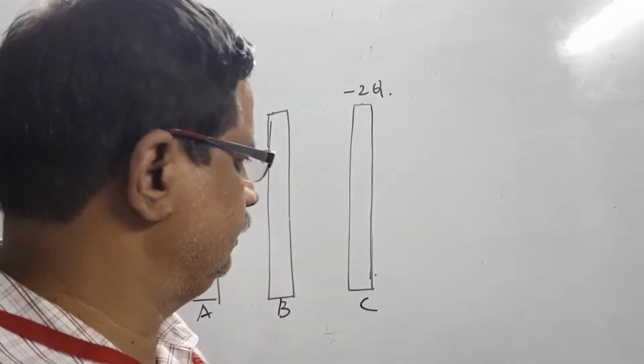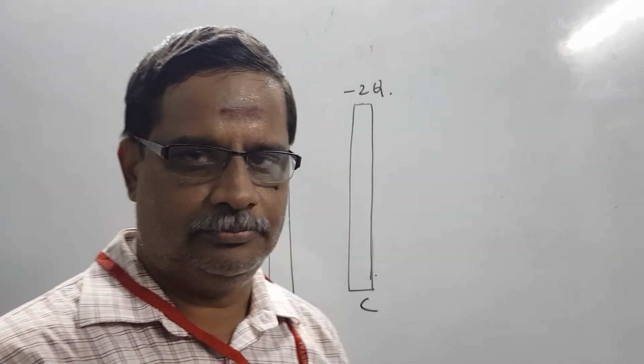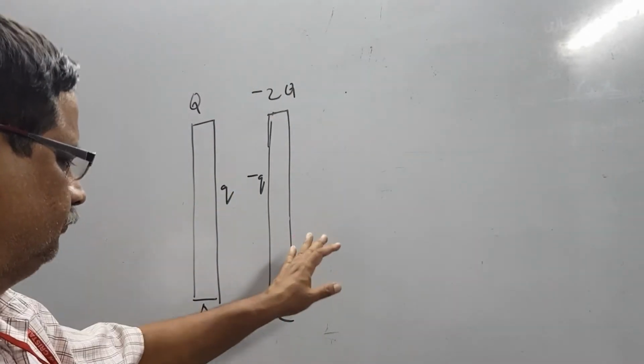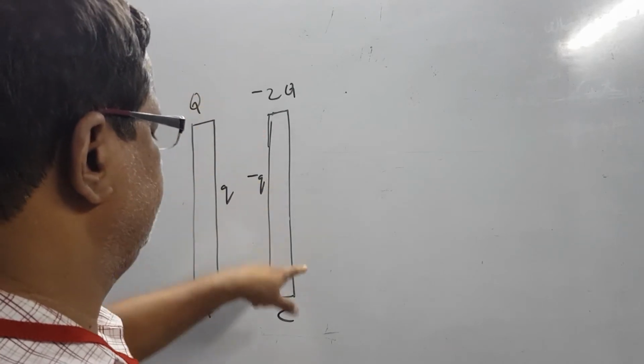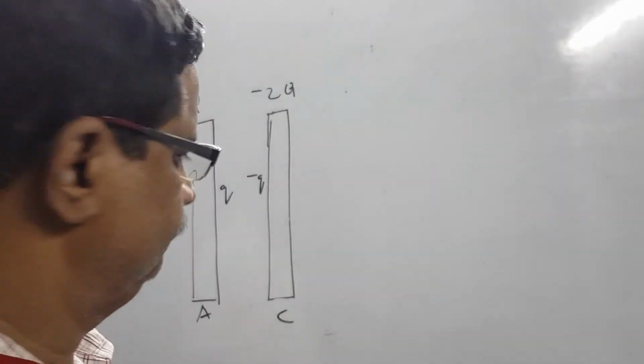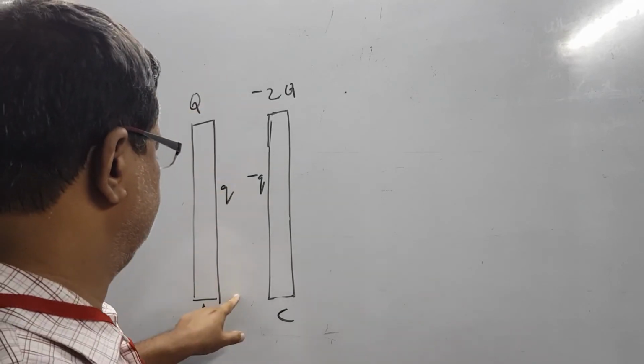We will try to find the charges appearing on the outer surface of the plate C. I have redrawn the diagram, and instead of three plates, now we have only two plates. Plate A carrying a charge q and plate C carrying a charge minus 2q. Now I have written the charge appearing on the facing surface.